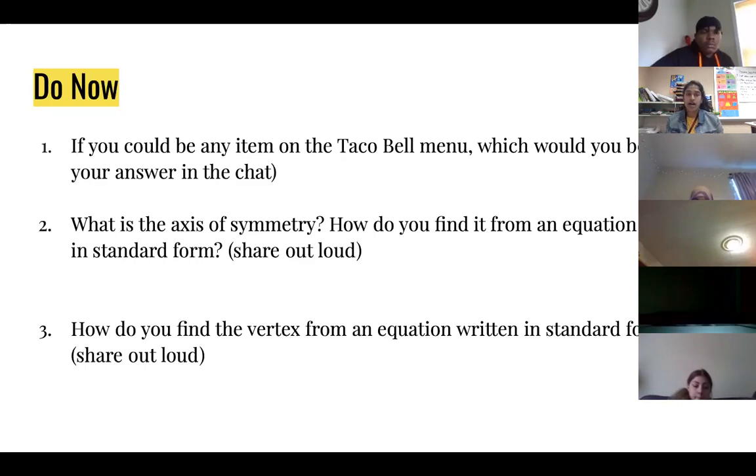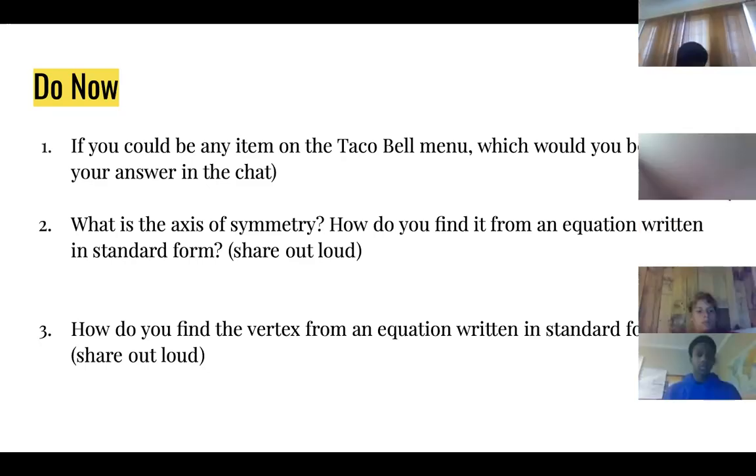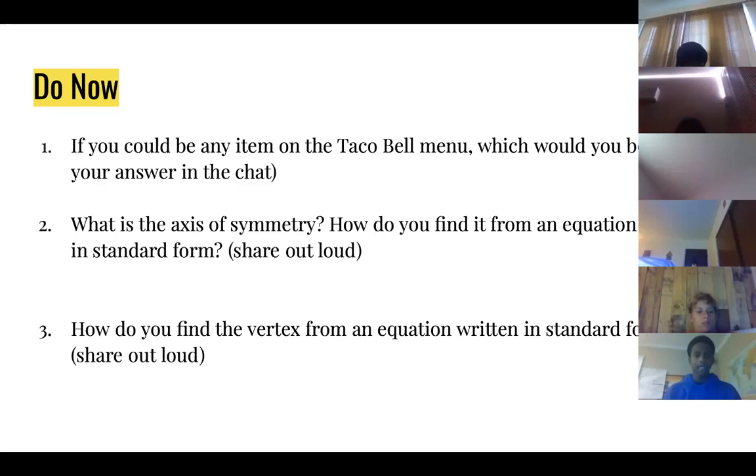Good. All right, so how do you find the vertex from an equation written in standard form? What do you have for me, Henry? For number two or number three? Number three.